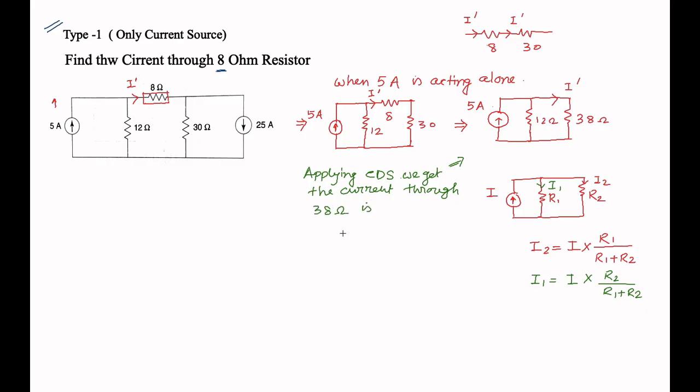The 5 ampere is the total current, and I dash is nothing but 5 ampere times 12 ohm, because we have to find the current through 38 ohm, so we take the 12 ohm as numerator, and the denominator is 12 plus 38. That means it is 60 by 50, that means it is 6 by 5, sorry, not 5 by 6, it is 6 by 5.